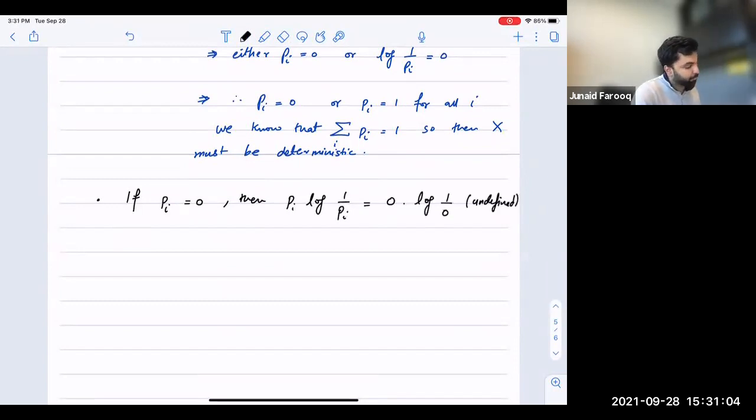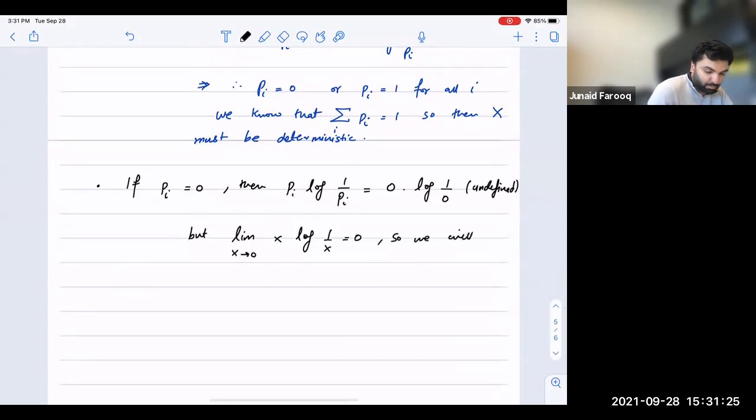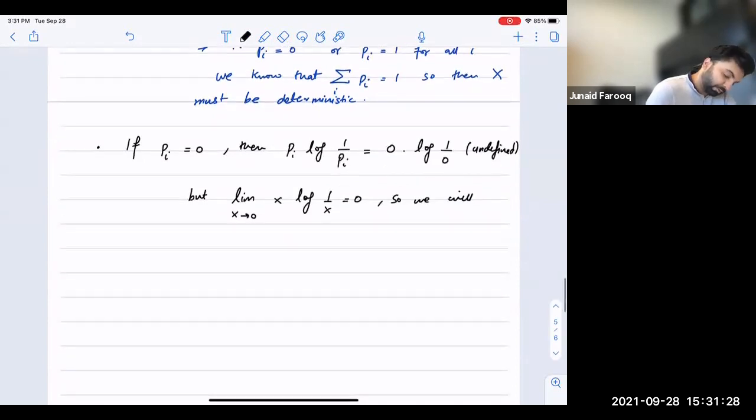But the limit as x goes to 0 of x log 1 over x is 0. So we will consider 0 times log of 1 over 0 equals 0.